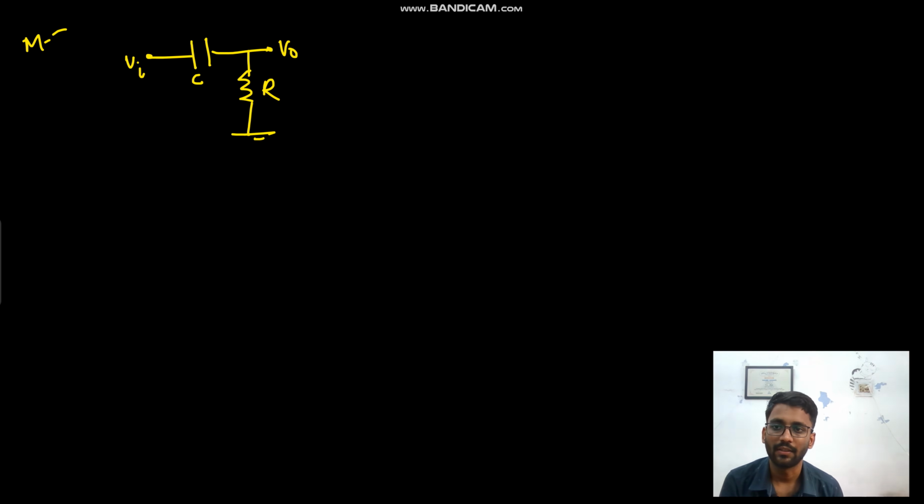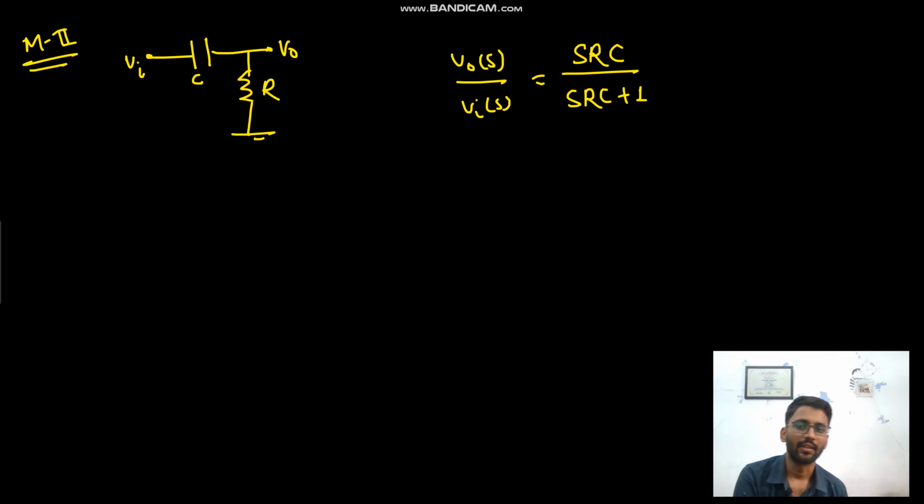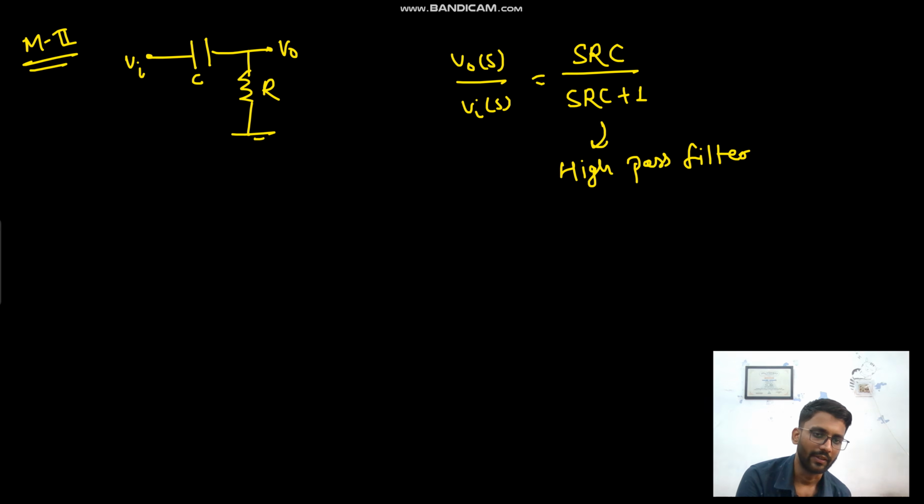Let us call it method 2. Your V naught S upon V in S is SRC upon SRC plus 1, right? This is a high pass filter.